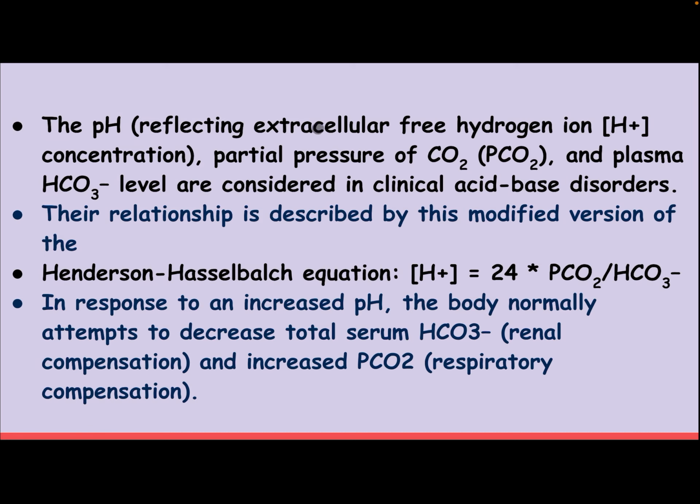The pH reflects extracellular free hydrogen ion concentration. Partial pressure of CO2 and plasma HCO3 level are considered in the clinical acid-base disorder. Their relationship is described by the modified version of the Henderson-Hasselbalch equation: hydrogen equals 24 multiplied by partial pressure CO2 over the bicarbonate.